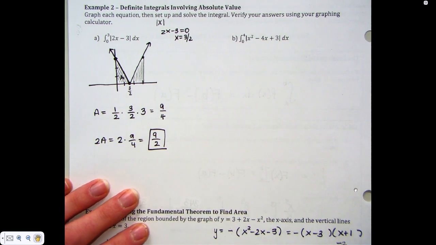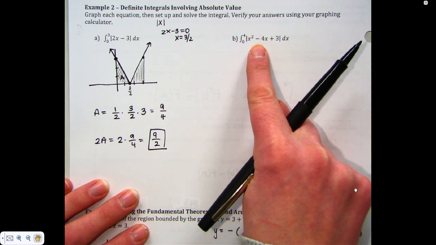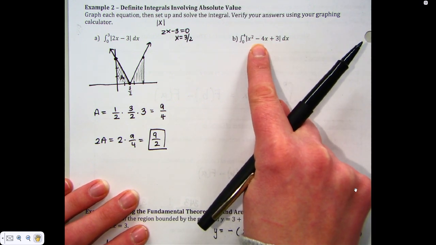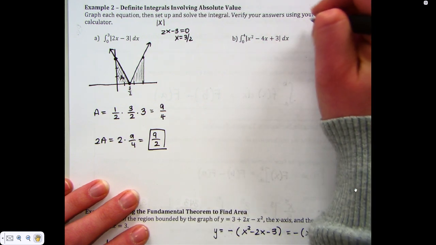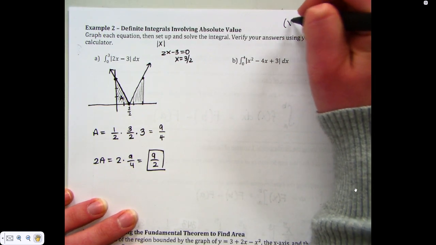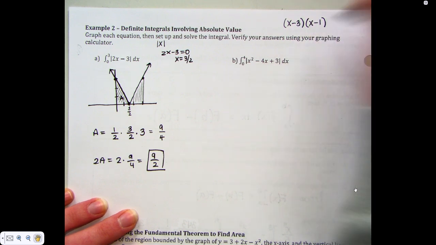Okay, so what does that look like with a harder function? Let's talk about what this particular function will look like. If I wanted to graph it, x squared minus 4x plus 3 would factor. I would have x minus 3 times x minus 1.